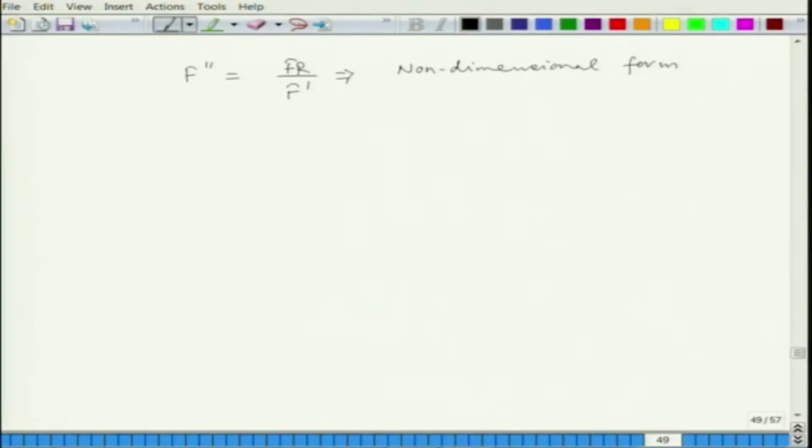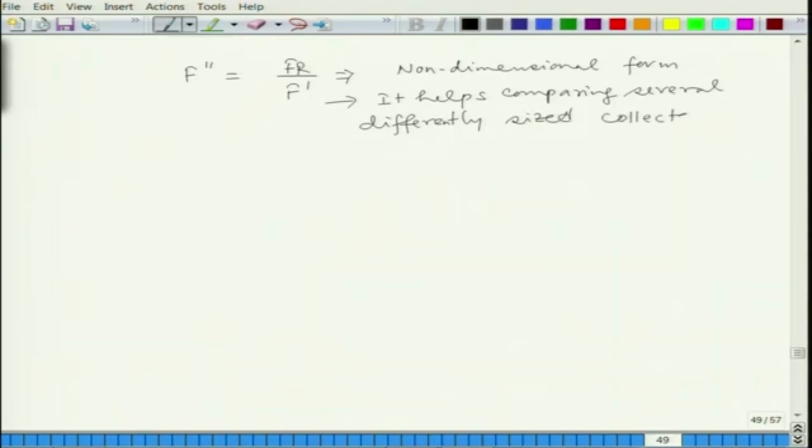F double prime makes it a non-dimensional equation, and that is how it helps in comparing several differently sized collectors. Okay.